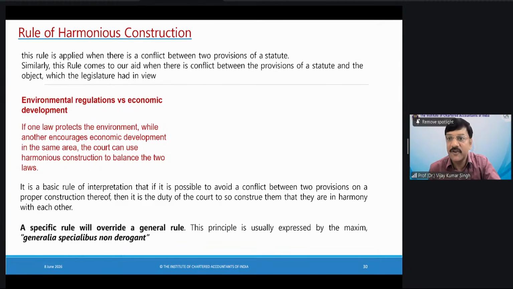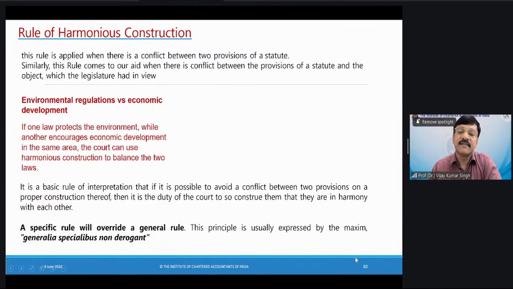These particular birds will not fly because there will be solar panels installed. So the court looked at it and brought in the principle of sustainable development, and they said that both needs to be balanced. That is called the rule of harmonious construction.